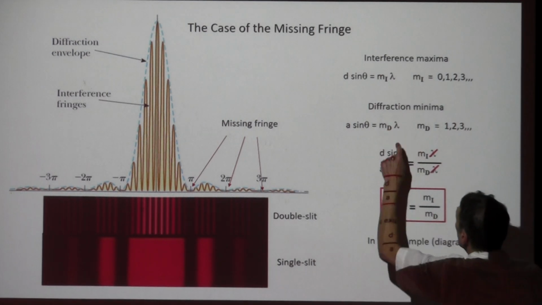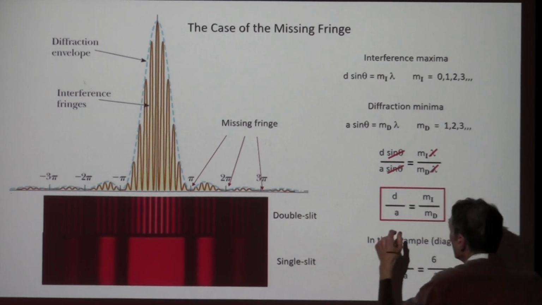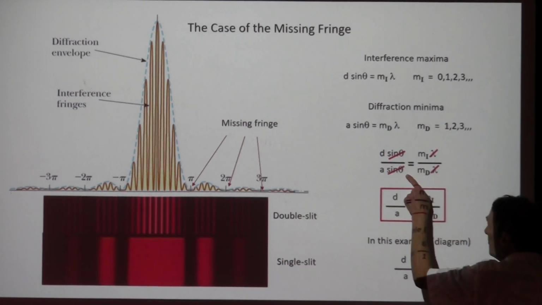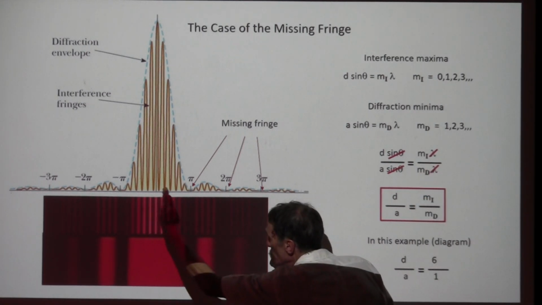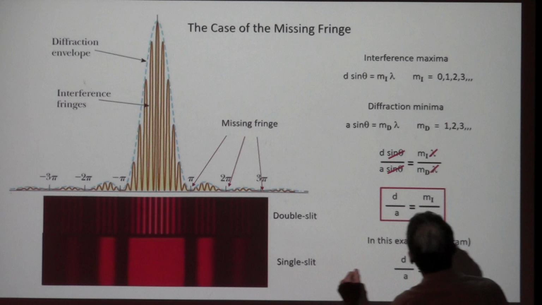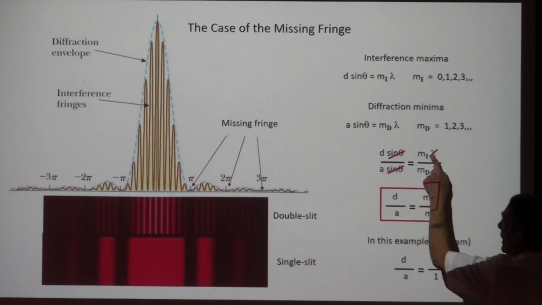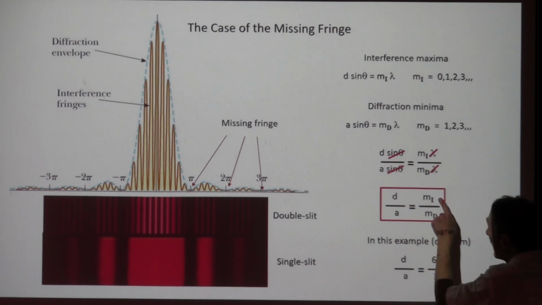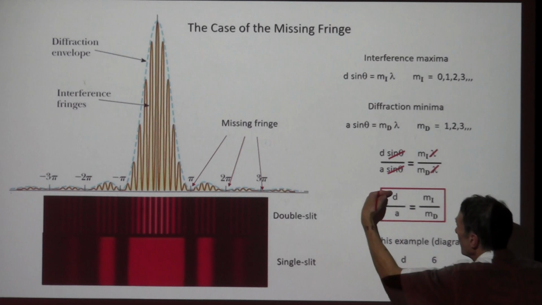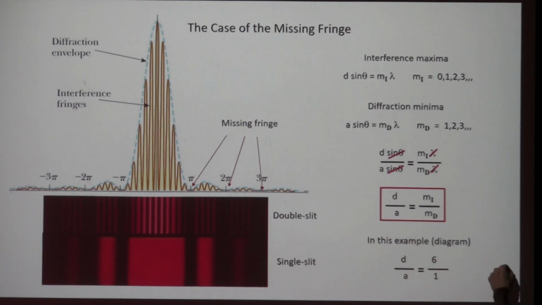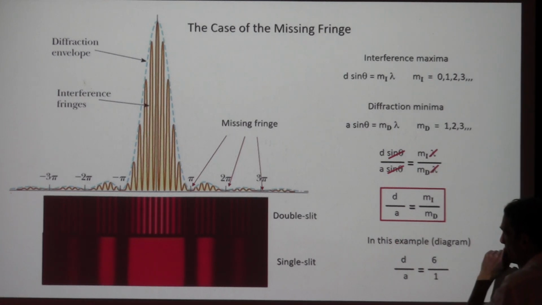So if I take these two and I divide by one another, we would be talking about the same point on the screen, so the sine theta is the same. And I'm realizing here that this very first one for the diffraction, that is m diffraction, would be the value 1. m of the interference, I've got to pick that out, but this should be related to the ratio of these distances. We have the d, the distance between them, over the actual slit width.